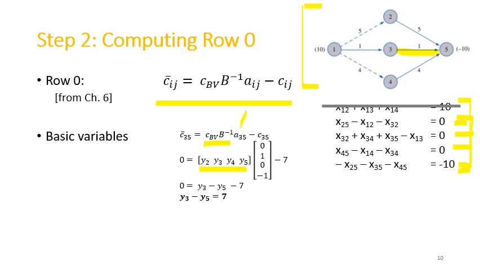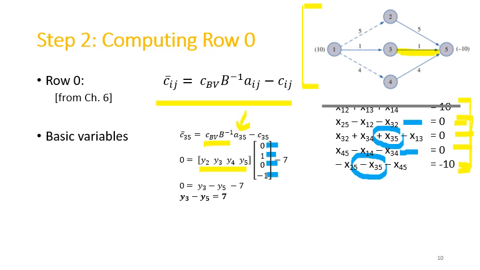And A35, we can get this value using the coefficients of x35 in the constraints. So you don't see x35 here, so the first value is 0. You see x35 here with the coefficient of +1, so you see 1 here. There's no x35 there, so 0 again. x35 here has the coefficient of -1, so that is -1.